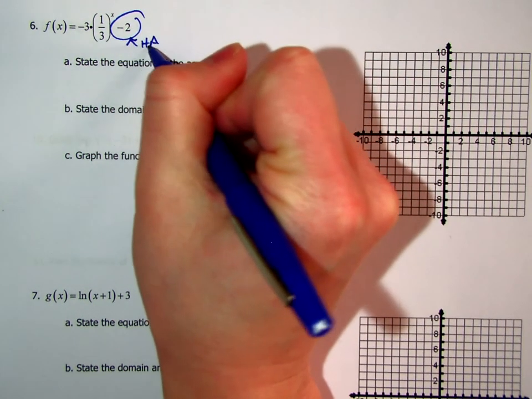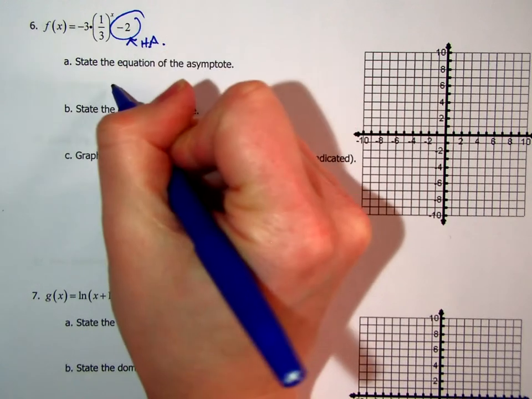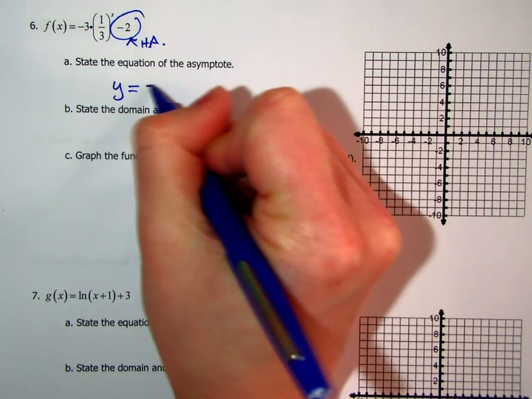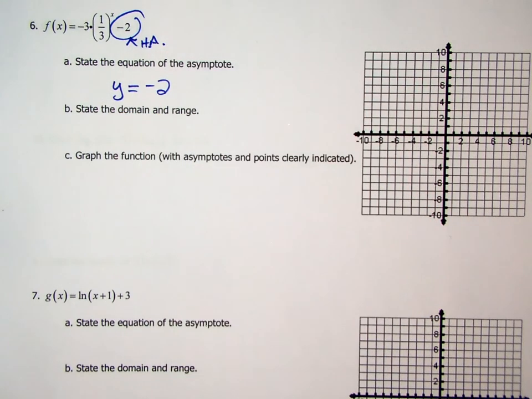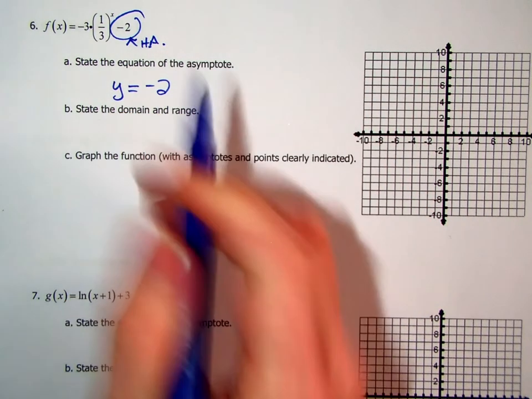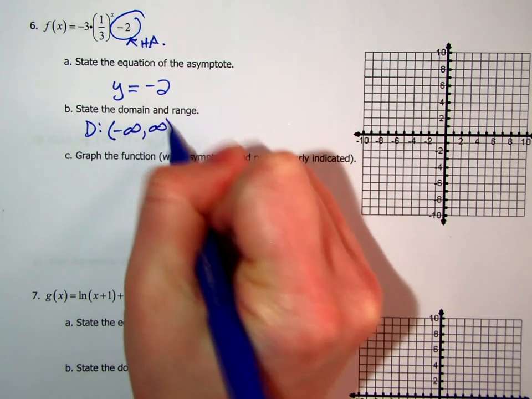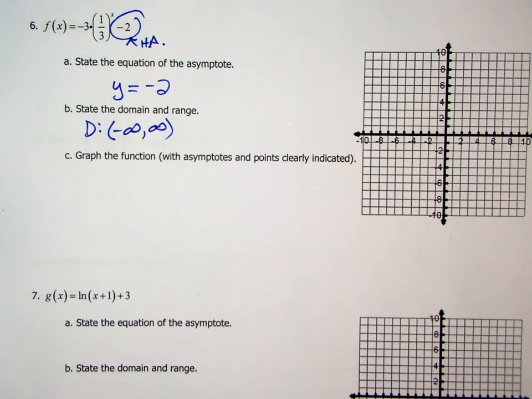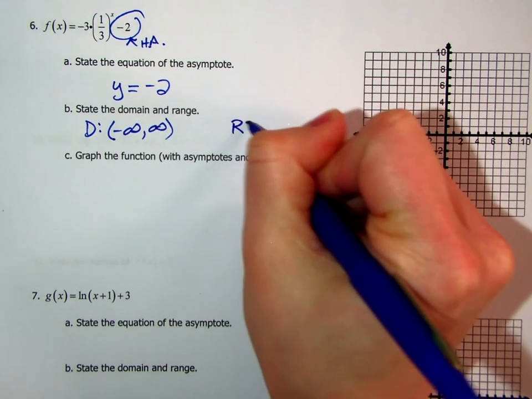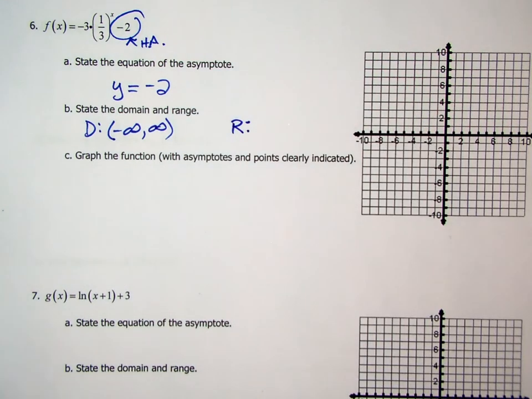So this gives me my horizontal asymptote, whatever's added or subtracted at the end, so it's y equals negative 2. Then my domain is always negative infinity to infinity, because it's going to keep going in both directions. My range will be easier to tell once I graph it, so I'm going to wait until I graph it.